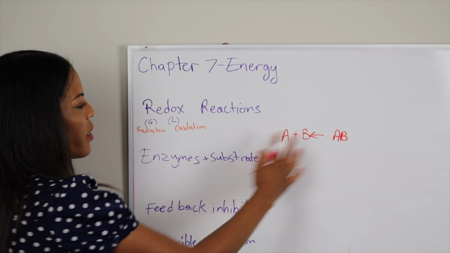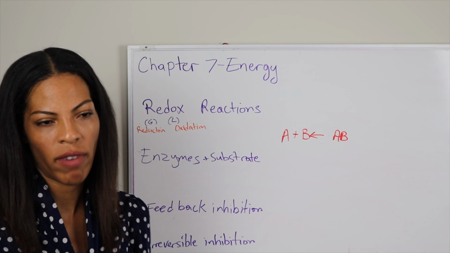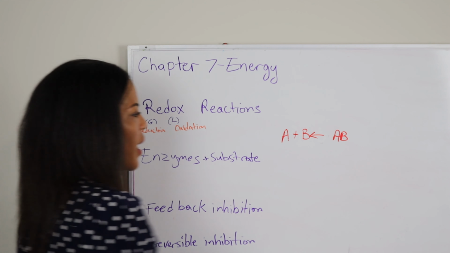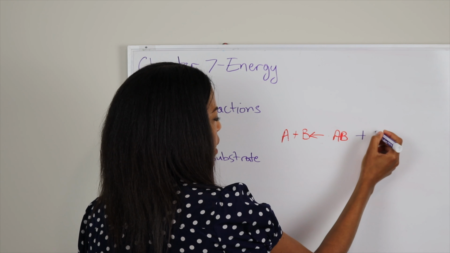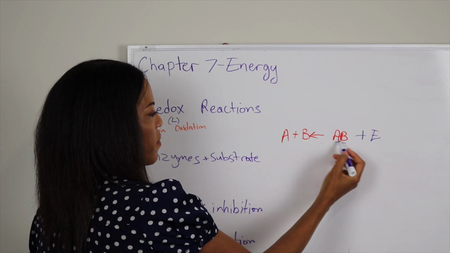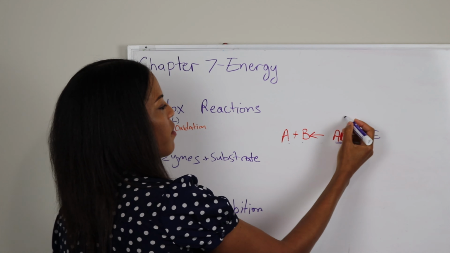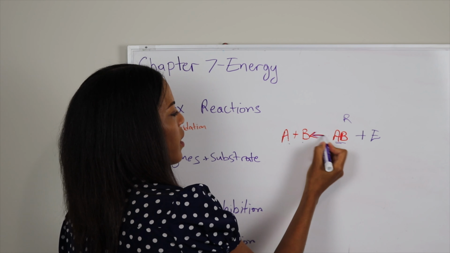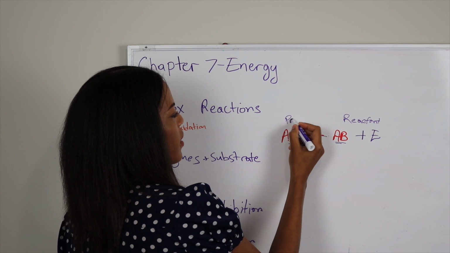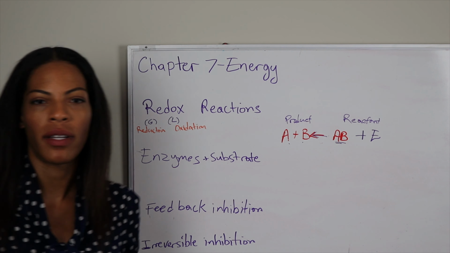Now, let's say this reaction takes two days to occur, just randomly on its own. Enzymes are there to make this happen quicker. The enzyme, let's just call it E, would interact with the AB in order to help it make this product. So this is the reactant and this is the product, and wherever the arrow points towards, that's where your products are.